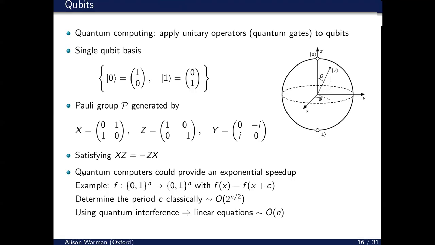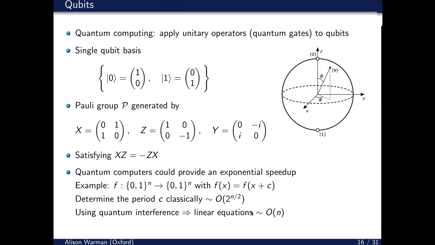So an example is Simon's algorithm, where if one considers a function on n bits with period c, so this is a function which has a certain periodicity, then if one wants to determine the period c classically, one needs to basically check an exponential number of states, because as we know, in this Hilbert space, we have 2 to the n states.